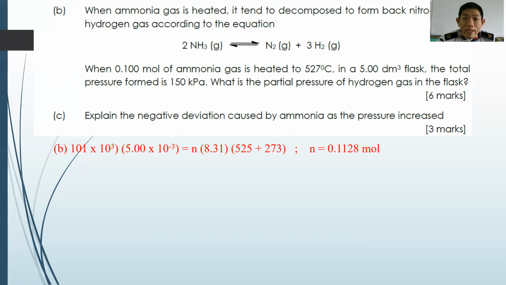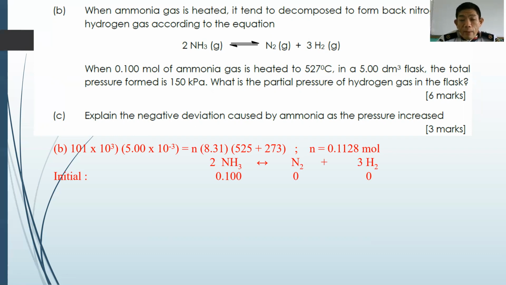Then you rewrite the equation: 2NH3 gives N2 + 3H2, and you use the equilibrium principle to deduce the moles of hydrogen gas formed. Initially you have 0.100 mol of ammonia. After dissociation, the stoichiometry is 2 to 1 to 3.